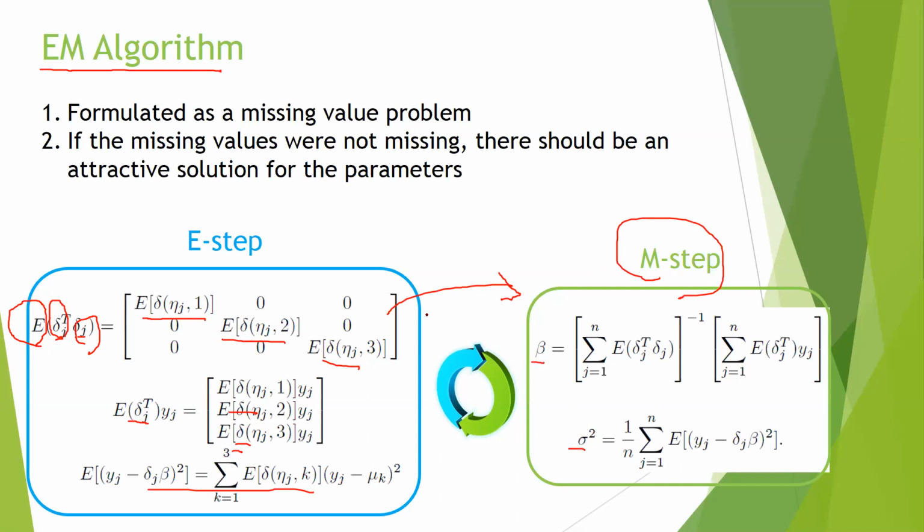So we just alternate these 2 steps, E step and M step, and E step again, and M step again, and so on, until we get convergence. When the program converges, we get the solution, and that's your estimation of your mu1, mu2, and mu3. Okay, is that clear?